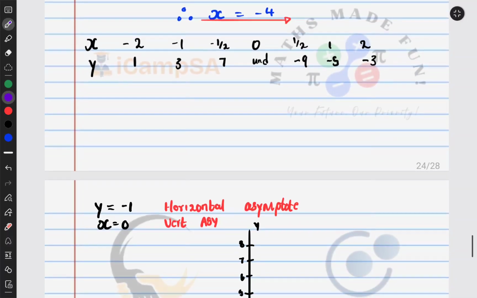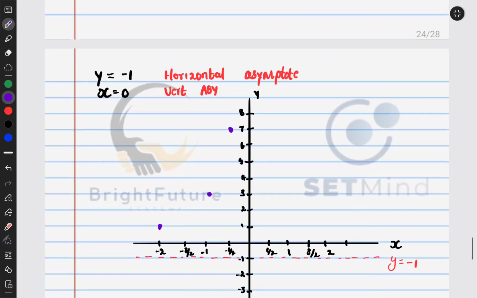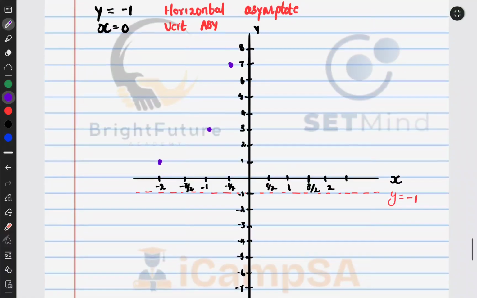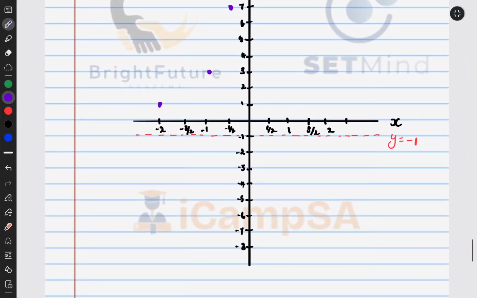What do we have next? Negative half and 7, so it's about there. And then for the other branch, we have half and negative 9, so it's about there, negative 9.